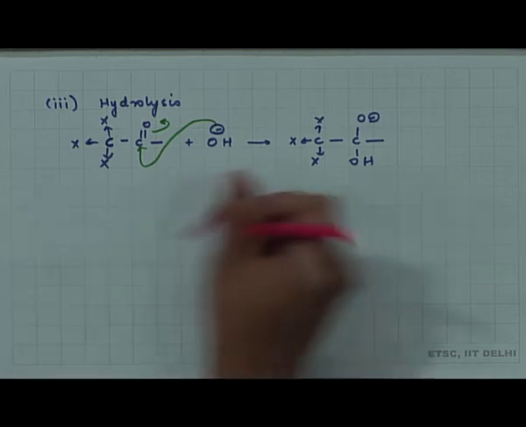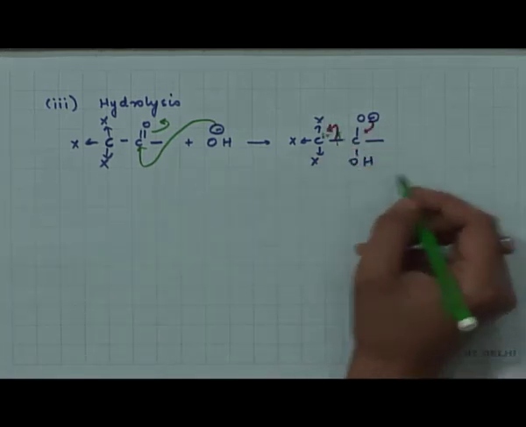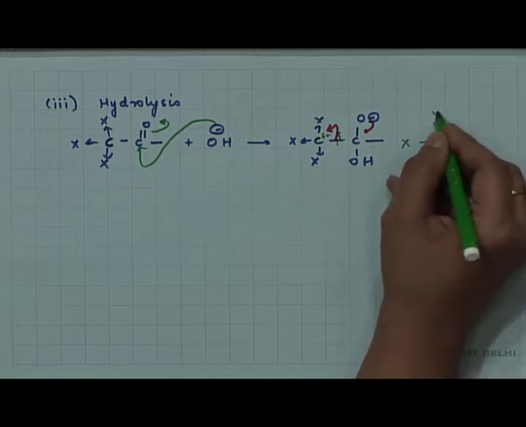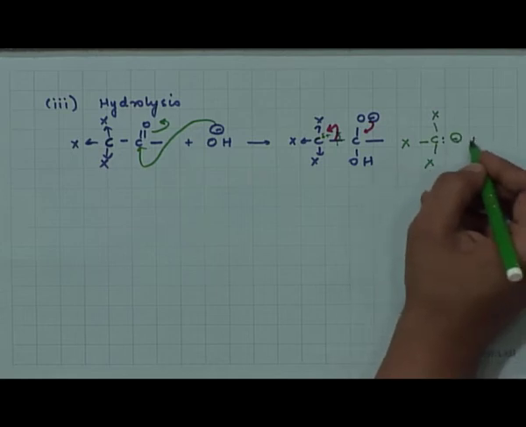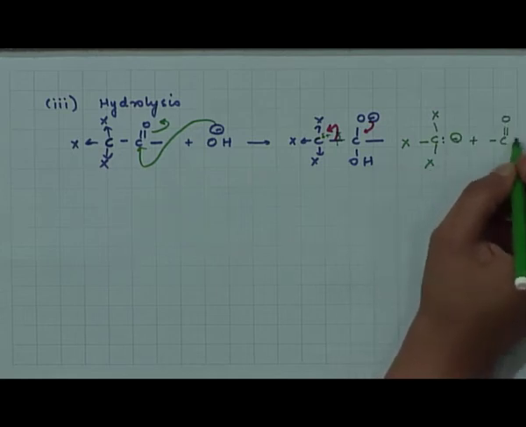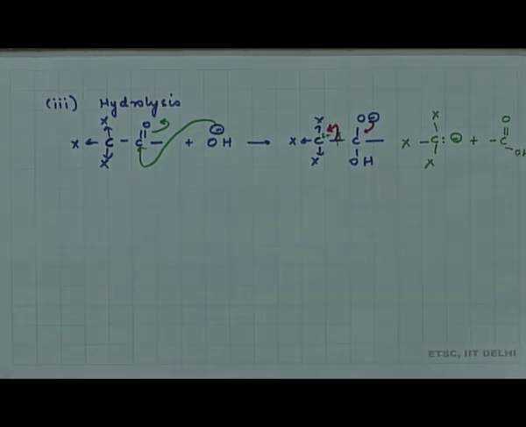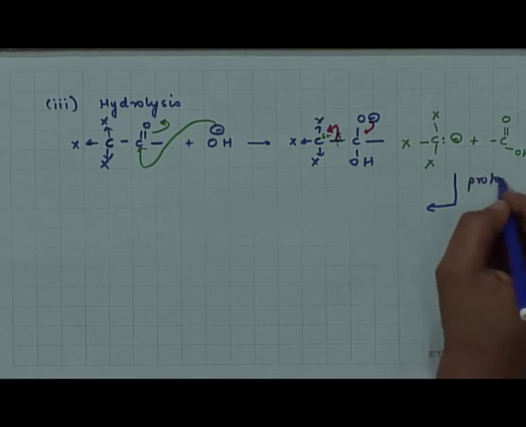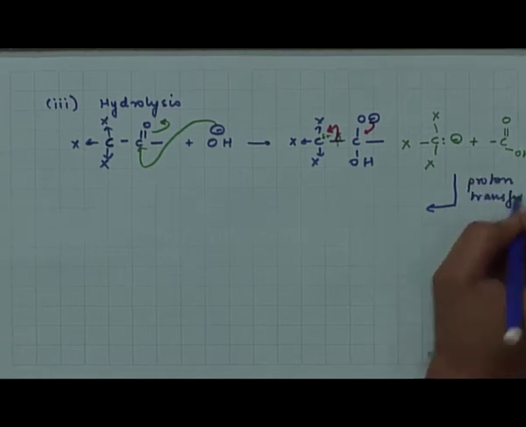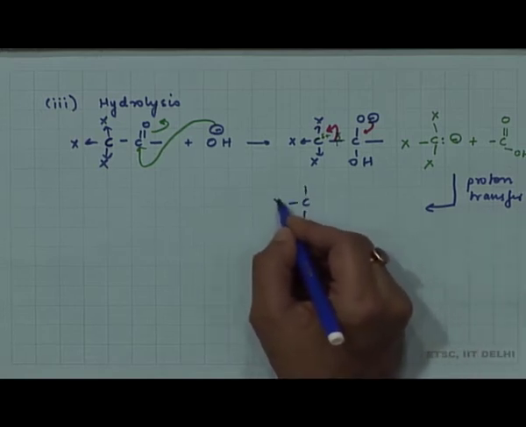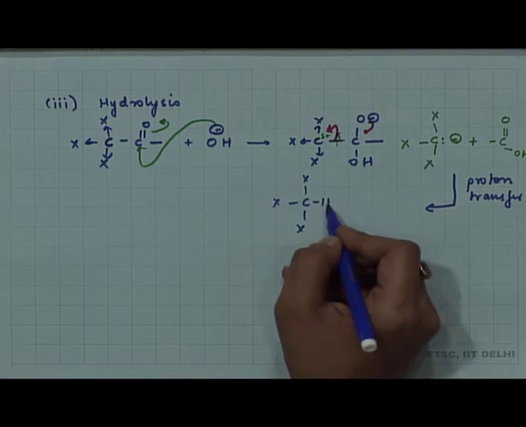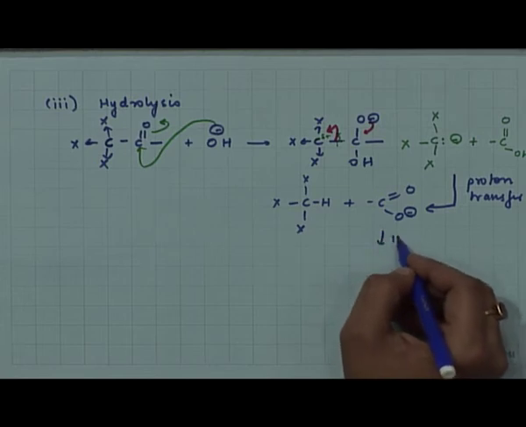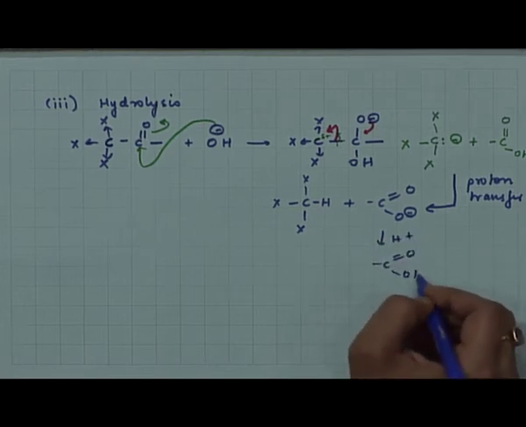So, eventually this loses the CX3 functionality, and you get this molecule, and this abstracts this proton from the acid. So, there is a proton transfer; it abstracts the proton from the acid and gives you the corresponding haloform. So, you get the haloform along with the formation of the corresponding carboxylate anion, which can again take up the proton to give you the acid.